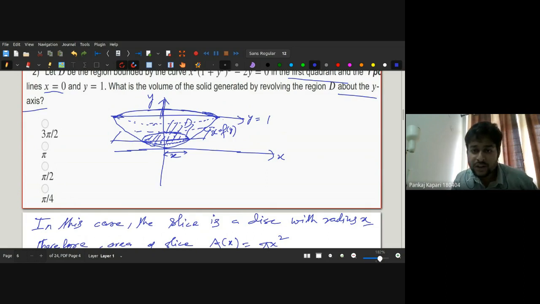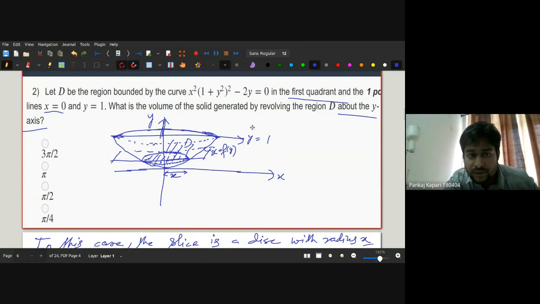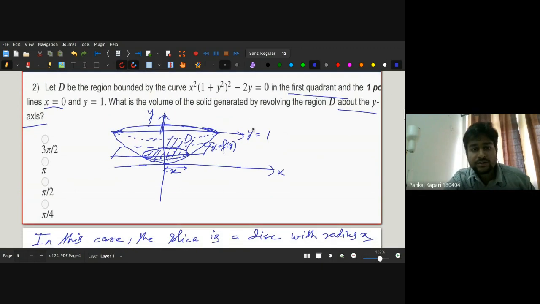You can see that y equal to 1 satisfies this equation. We also have to find out what x is. So when y is 1, x is also 1.